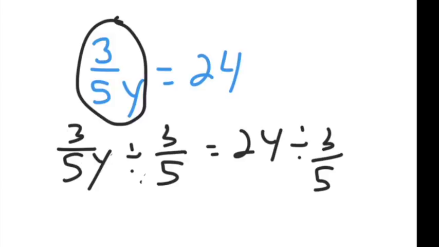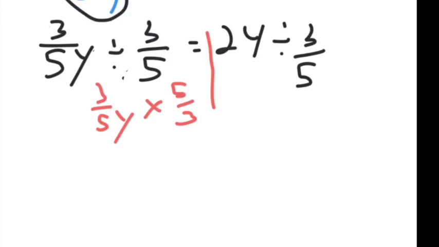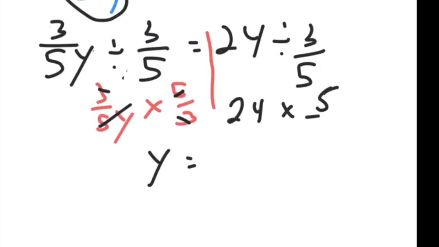So it's going to be 3/5 y times, flip it, 5/3. My eraser's not working, but that's all right. So 3/5 y times 5/3, and you know that's going to leave y equals 24 times, keep it, change it, flip it, 5/3.